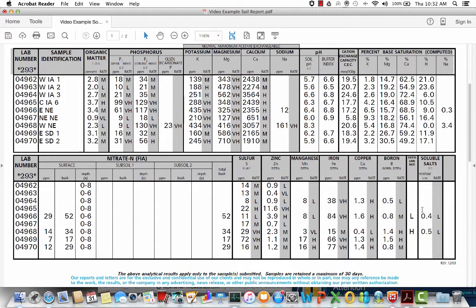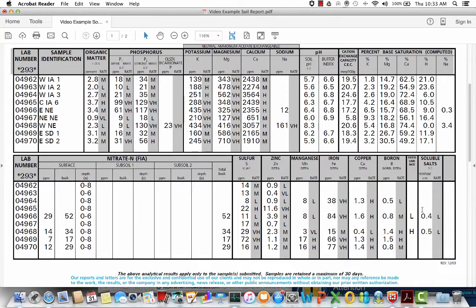If you have a high water table, sometimes those can push salts upward as the water comes up through the soil profile, and then as it evaporates off, it leaves those salts up there on the top surface layer of the soil.